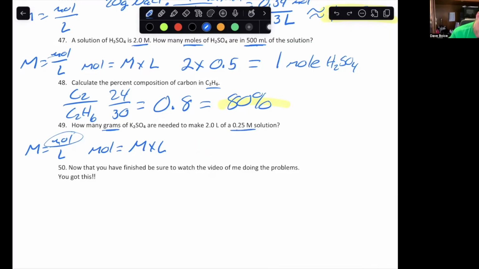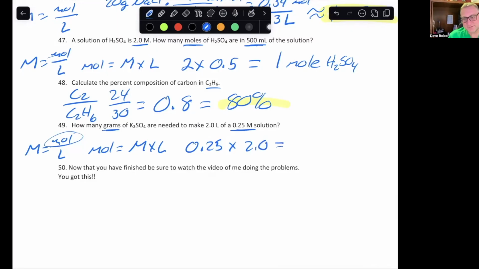So my molarity, and this is why I rewrite it. I rewrite it because I want to make sure that I don't put the wrong thing in there. Now, in this case, one thing times another wouldn't actually have mattered if I had crossed it, but it would matter a lot if I had one in the numerator versus denominator. Okay, so in this case, my molarity is 0.25 times my liters of 2.0.